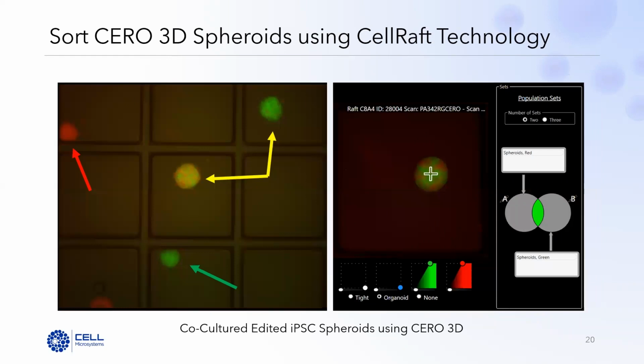Again, seeding those on the CellRaft array, you can see on the left-hand side with our field of view, we're able to identify rafts that have red spheroids, green spheroids, and those co-cultured red and green combined spheroids. Once we have created this list of rafts, we're able to dispense or sort these populations into our 96-well plates for further use.